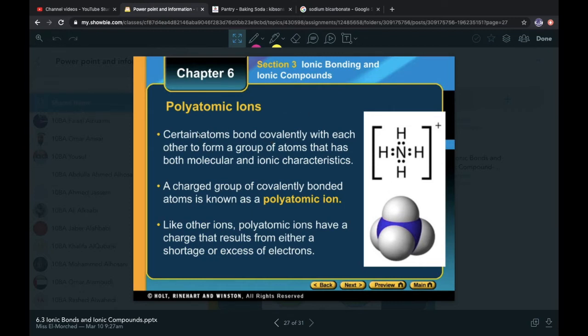So today we're going to talk about polyatomic ions. Polyatomic ions are a group of atoms that are put together through covalent bonding, but their overall charge is not neutral. So if I look at this example, ammonium. Ammonium is a polyatomic ion because its charges are not balanced, so it has this positive 1 charge right here.